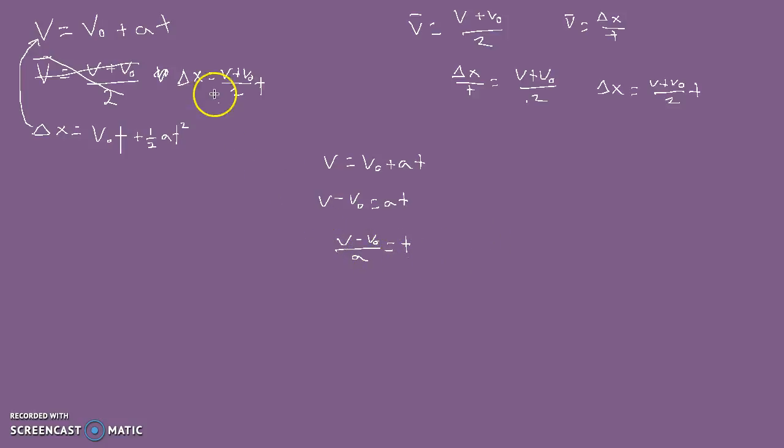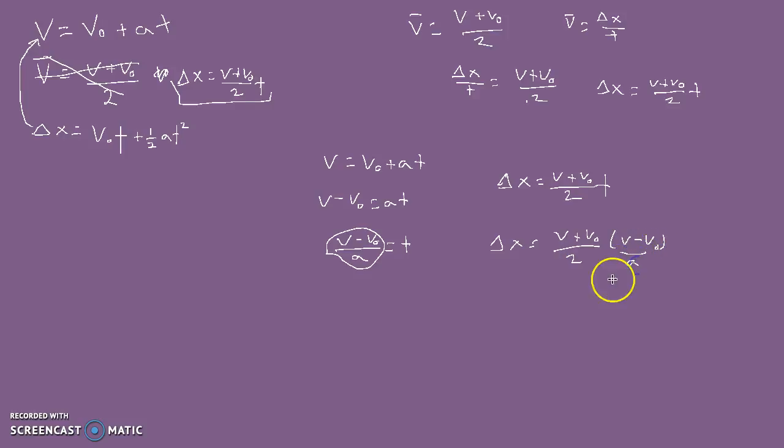Then I'm going to take this t and substitute it into this equation right here. So delta x equals v plus v naught over 2 all times t. We're going to replace t with this, and we get v plus v naught over 2 times v minus v naught over a.